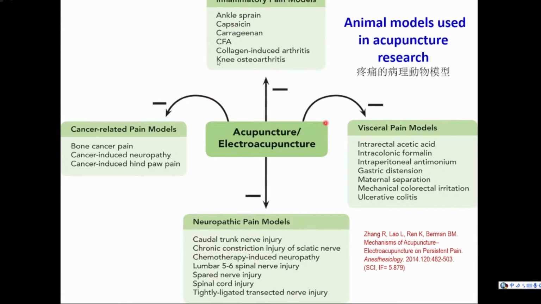Then we found all this research shows acupuncture can effectively inhibit pain in all these models. No matter what model they published, they all can inhibit.